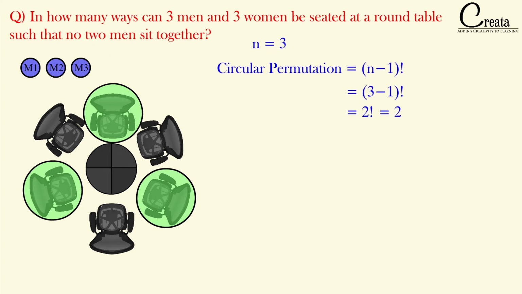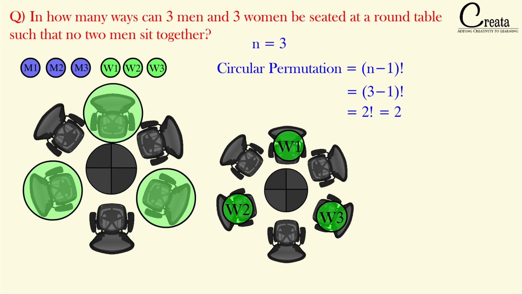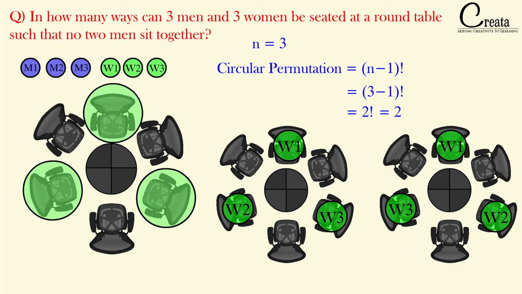That is, these 3 women can take a total of 2 permutations. Okay. That is, they can arrange themselves in these 3 chairs in a total of 2 ways. And these are the 2 ways in which these 3 women can arrange themselves in this circular arrangement. The first arrangement is woman 1, woman 3, woman 2, that is W1, W3, W2.